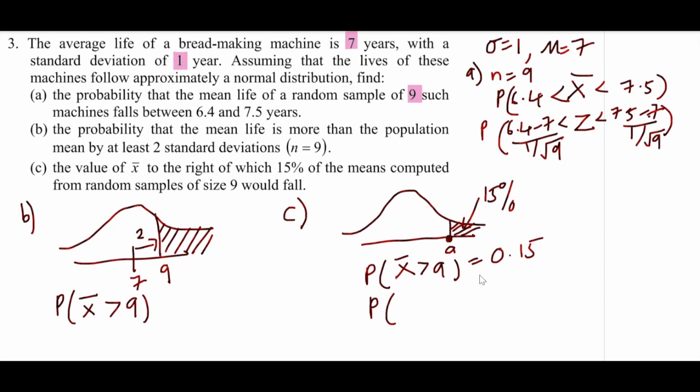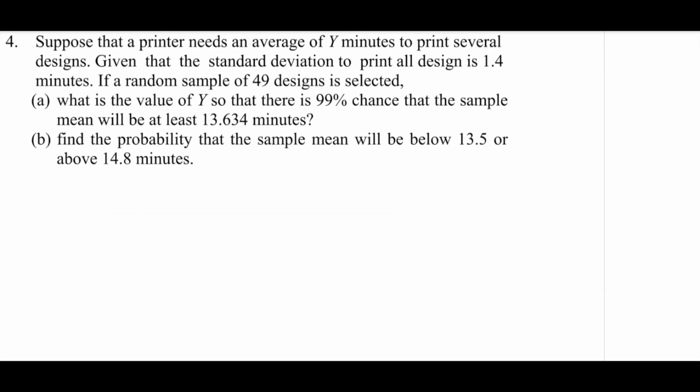And because you would need to find the Z value using a statistical table, I would suggest you change this to less than A equals to 0.85 and solve it. So next you would transform and try to solve it yourself. So in this question you are given the average as 7, standard deviation is 1.4, random sample 49.